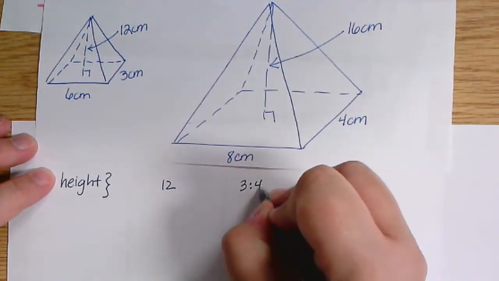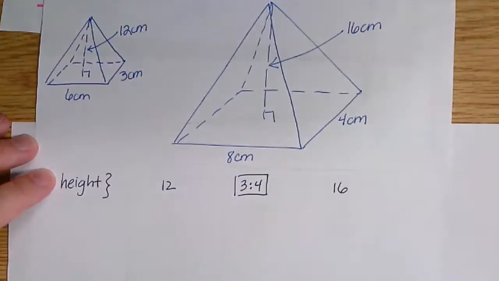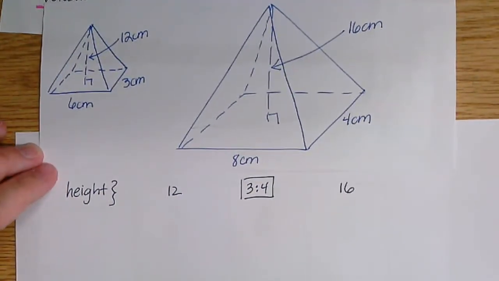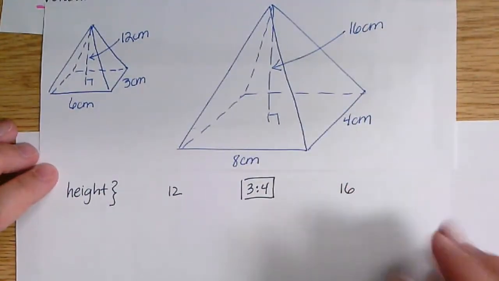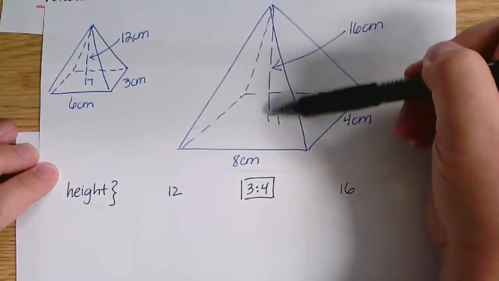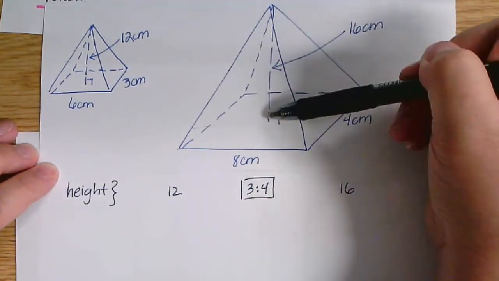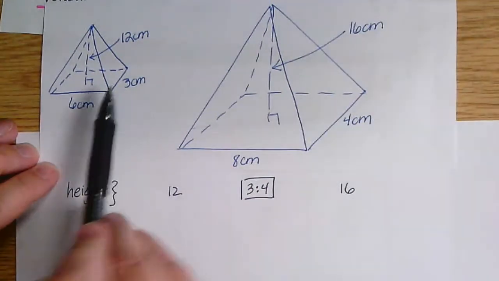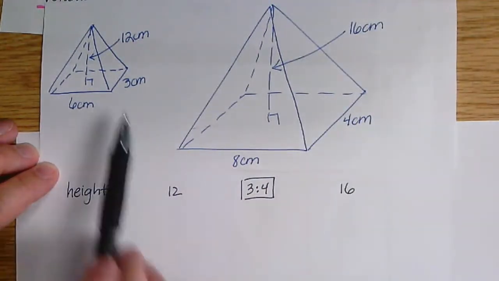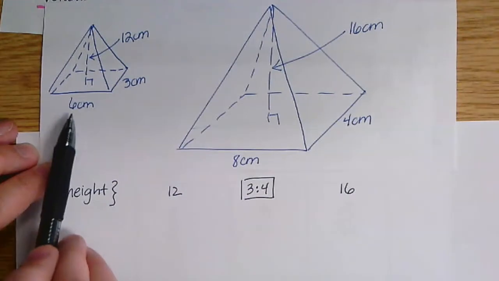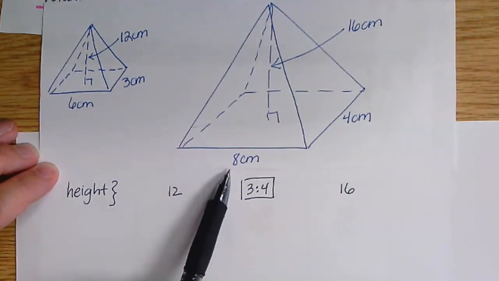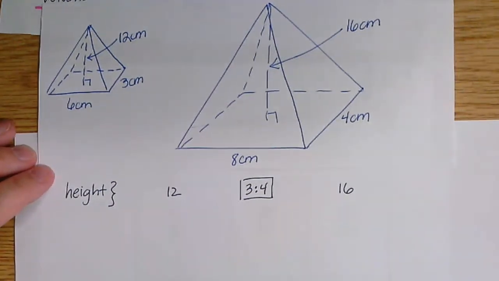Now, if you compare the ratio of corresponding lengths, like for instance, the height, it's a length. In other words, just a linear distance. Any of them, you get the same thing. 3 to 4. 6 to 8 is 3 to 4. This is the similarity ratio.